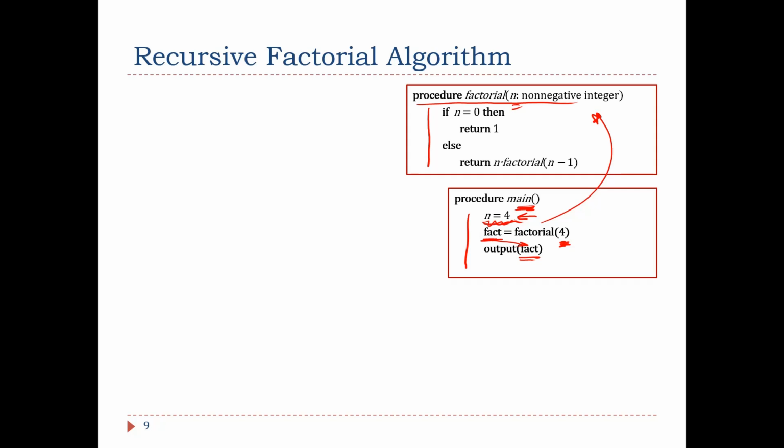But the most important part here is to be able to do, on your own, what I will be doing in a few seconds: to trace the calls of this recursive function.